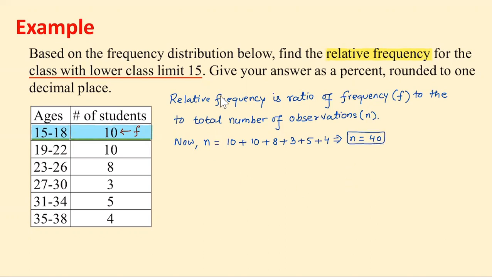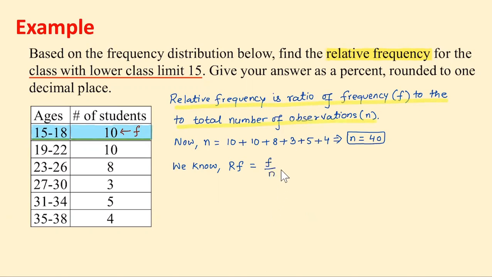What we are looking for is the relative frequency. So we know what relative frequency is now. We know the relative frequency, denoted by RF, is the ratio of frequency to the total number of observations. So here we can write this as F divided by n.